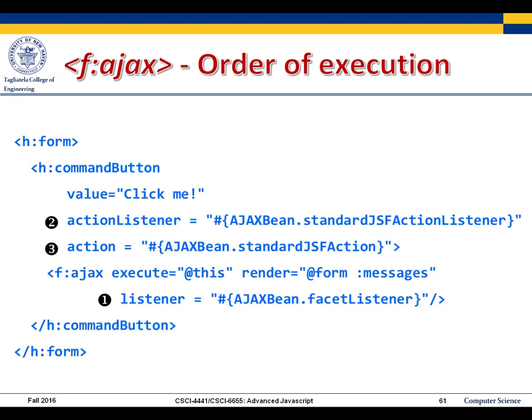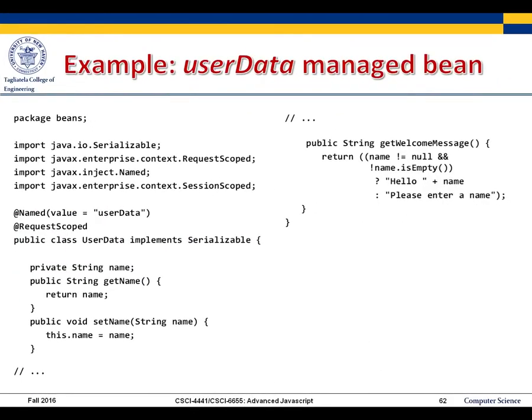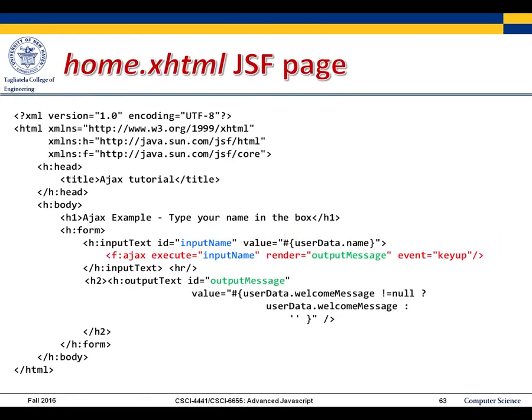It can get a little confusing if you've got more than one of these things in your Ajax. So here's a quick example. Here's a user data managed bean. Okay, you'll know what those are. You have a get welcome message, which basically says hello to whomever is calling it. So here is the example.